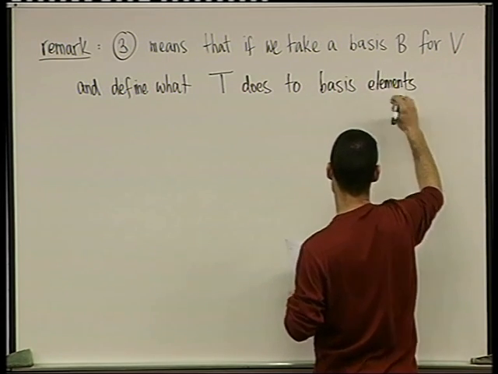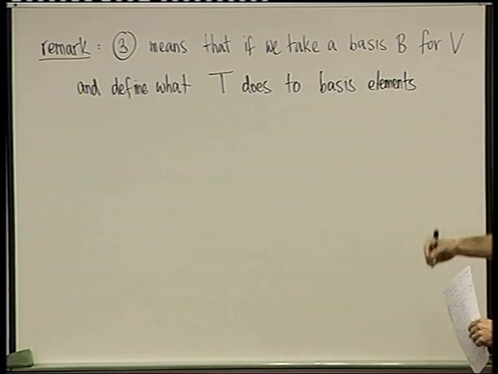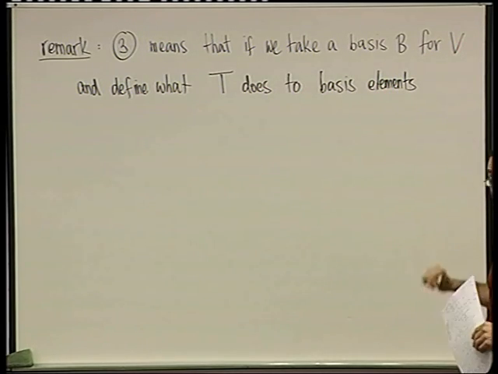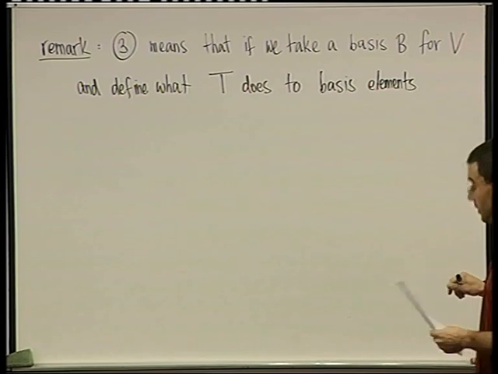Right? So that B was V1 through Vn, and I want to fix what T of V1 through T of Vn is. That's the Wi's.